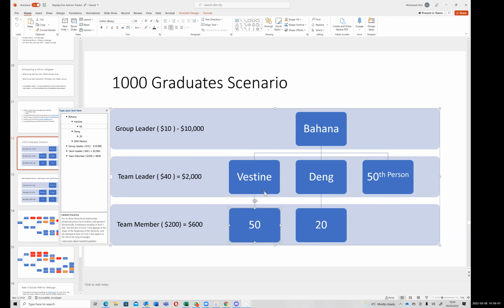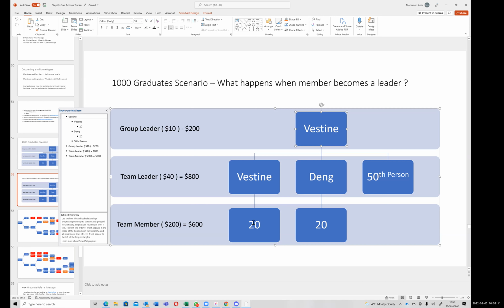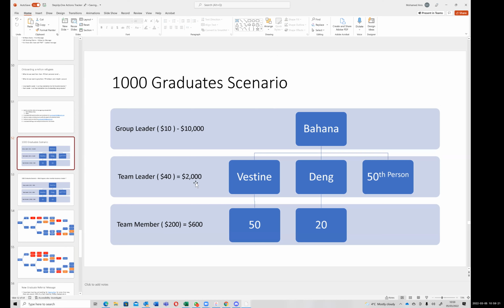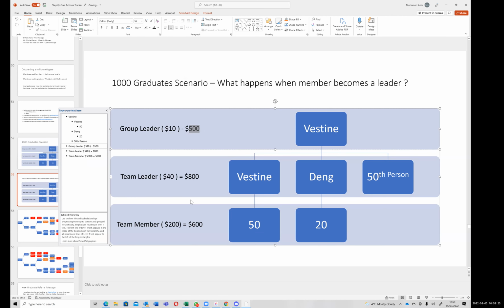Let's say Westin takes her 50 people and becomes a group leader herself, but there are only 50 people working here. Then 50 into 10 will become 500. So instead of making $2,000 as a team leader, she will only make 500 as the group leader.